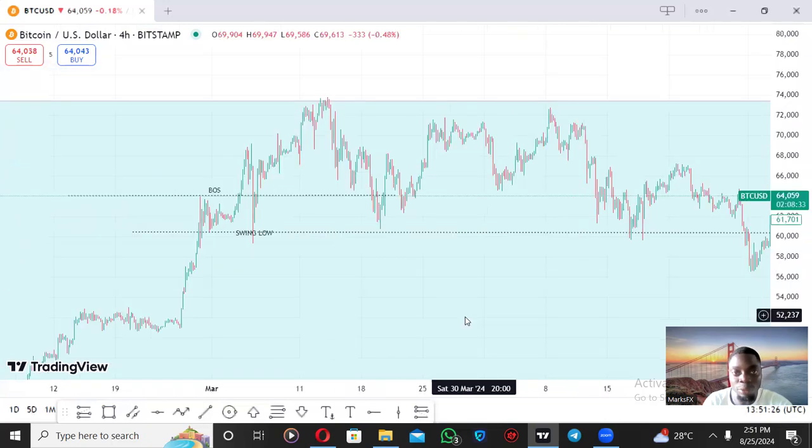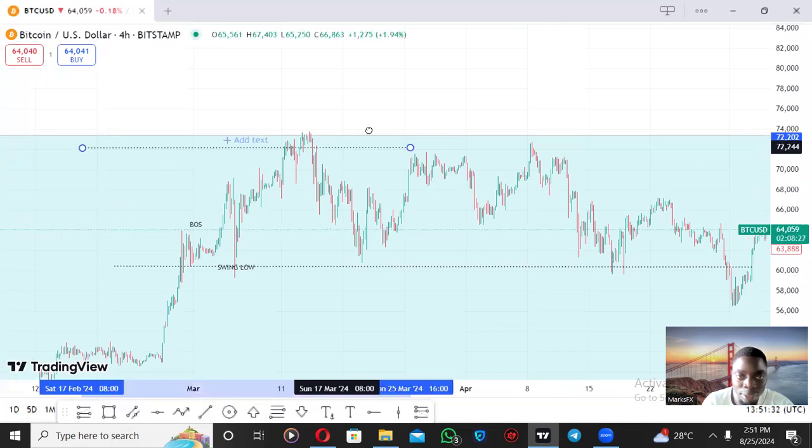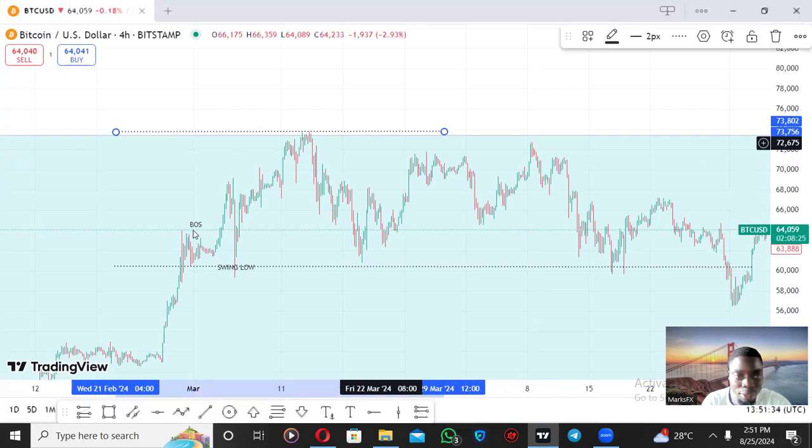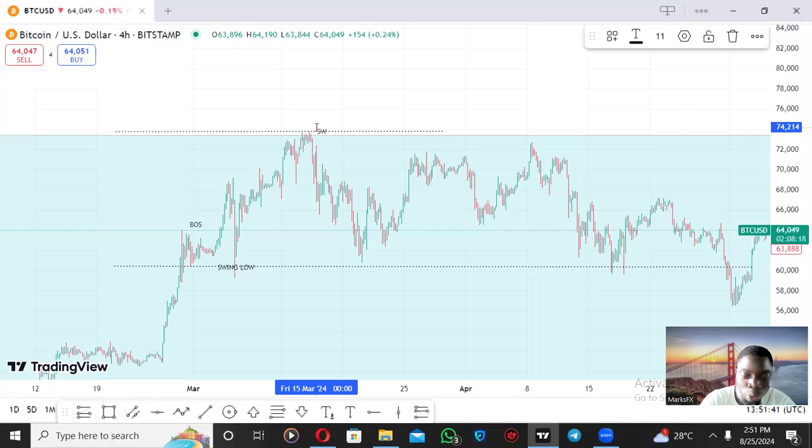Why? After price pushed from here, it formed a high here. This is a swing high that price should take out if the bullish trend should continue, right?